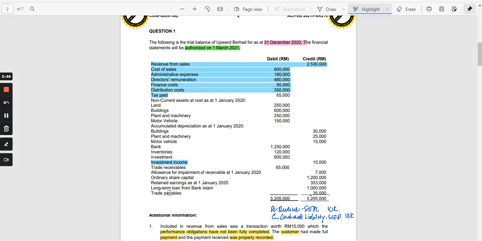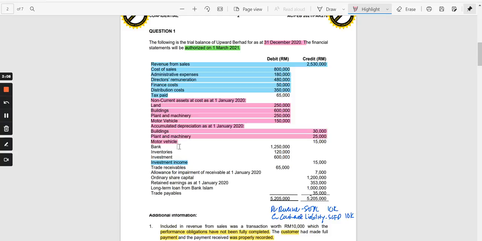You will also need to show items which are related to expenses. Let's look, do you have any finance costs? Yes. Next, we're going to look at those items that will go to the PPE, which is what goes to the SOFP. This is what goes to the SOFP, all this.